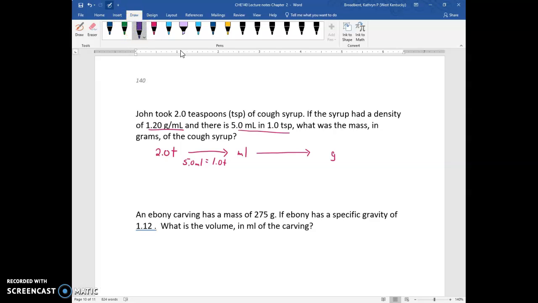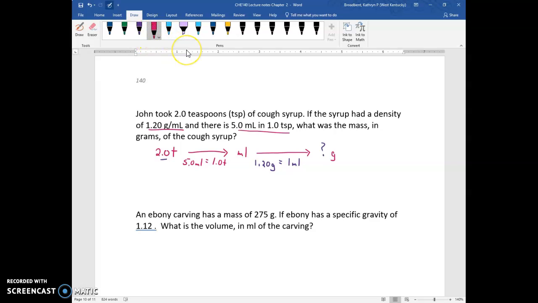I can write 1.2 grams is equal to 1 milliliter. So if I have a milliliter of cough syrup, I have 1.2 grams, is all that says. Okay, so now we've got our setup. We've got where we started, where we're going, and we've got 2 equalities.